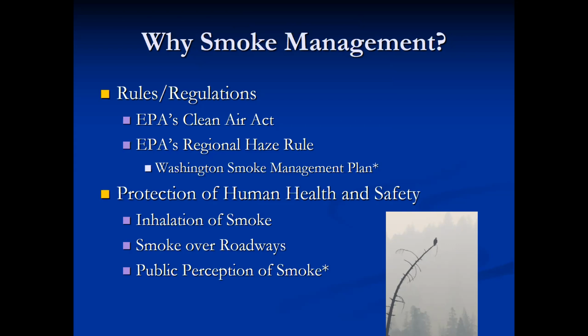So if you're standing at the top of Mount Rainier, how many miles of visibility do you have? And for various corners of the state, wilderness areas, national parks, things like that, we have to maintain these regional haze levels so that the visible air quality maintains a certain standard.